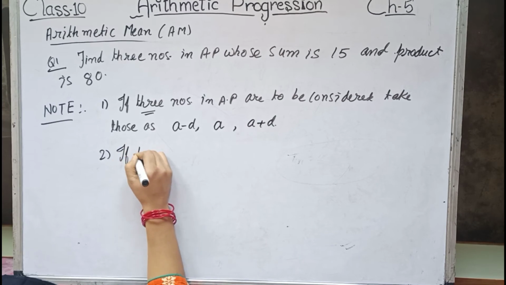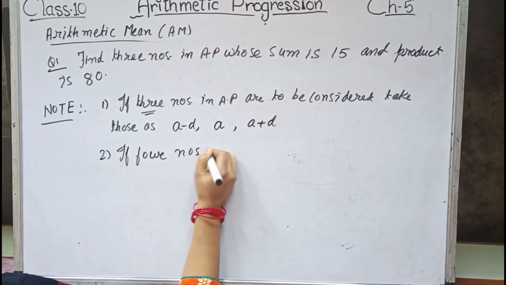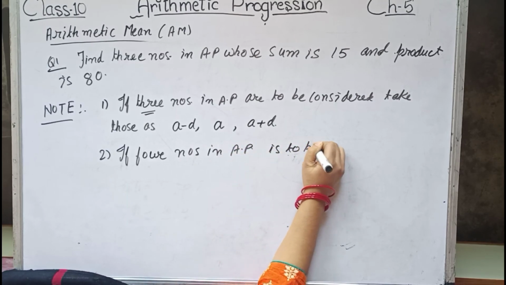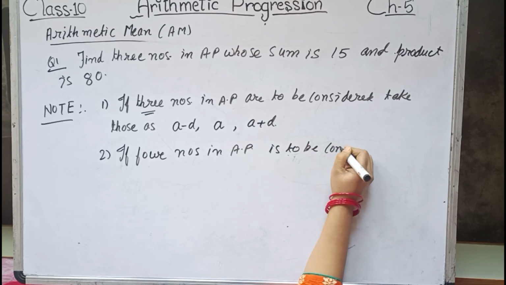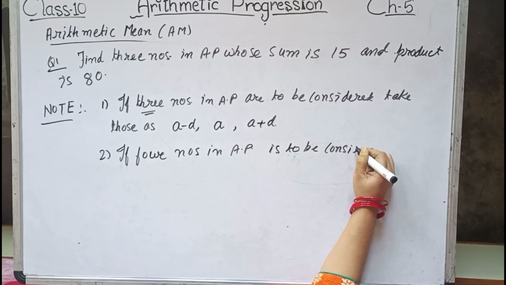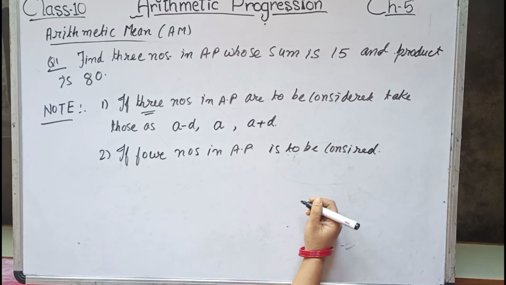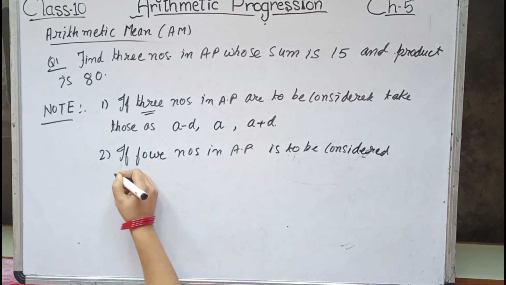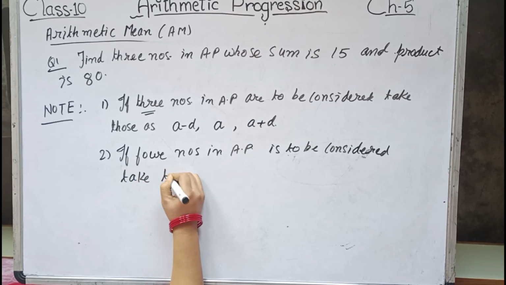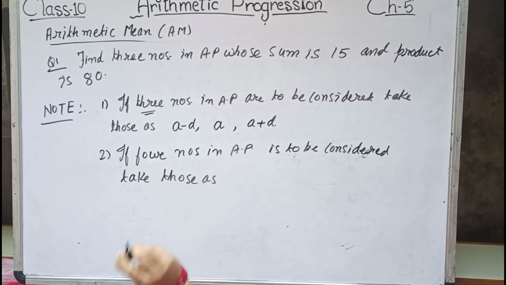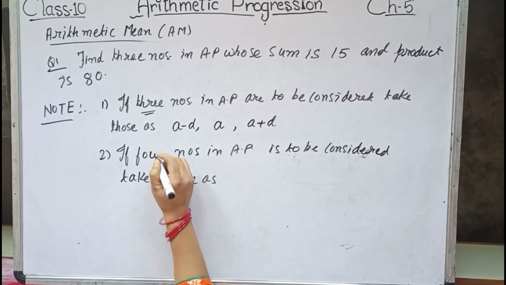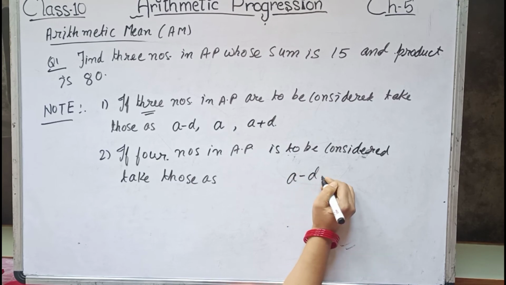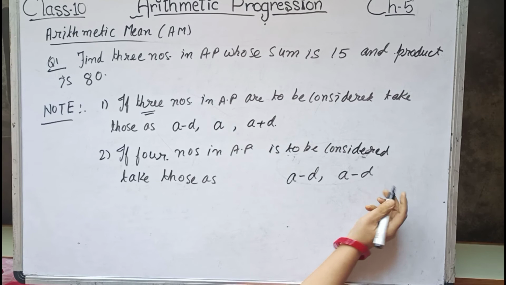Now if four numbers in AP are to be considered, take those as, now 4 is even. So the middle, means 2, will come in the middle. So obviously that I will not write as a. I will be writing a minus d and a plus d.